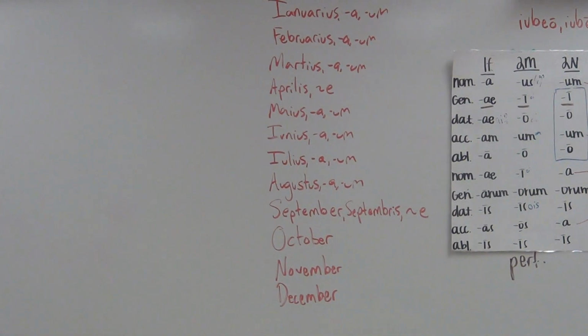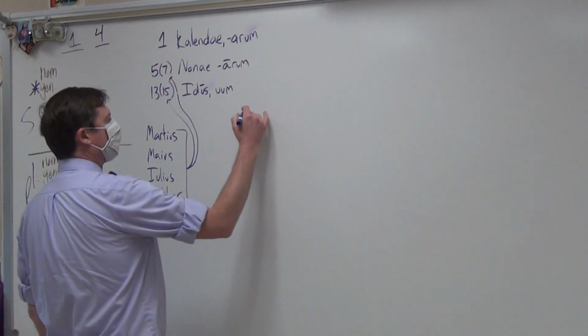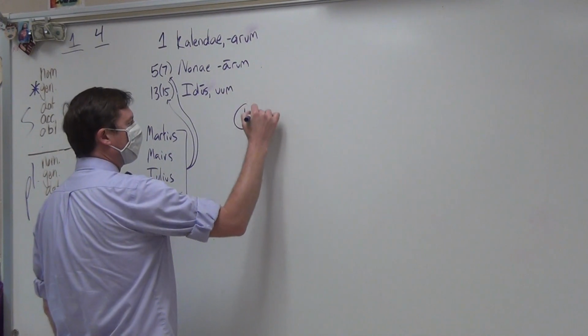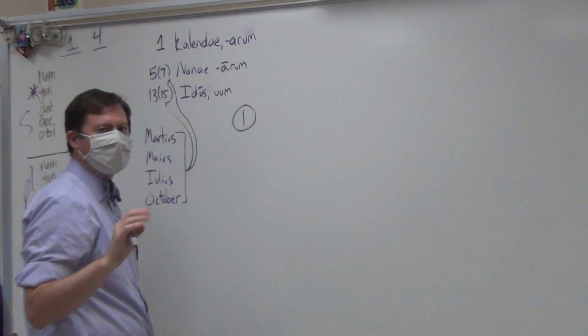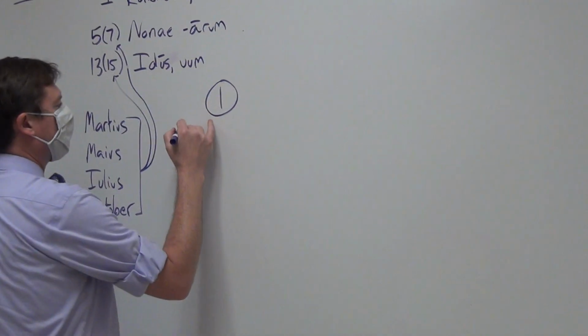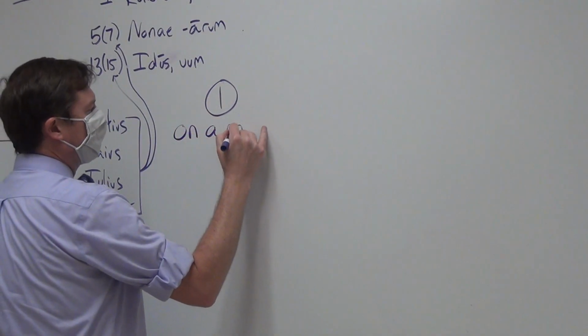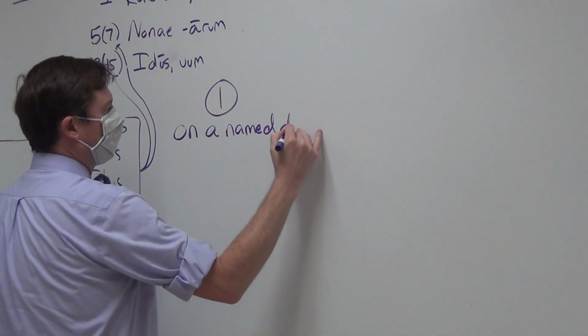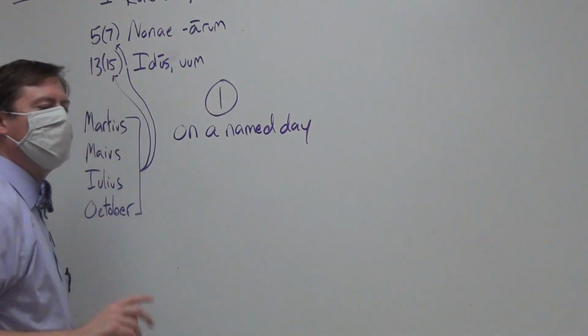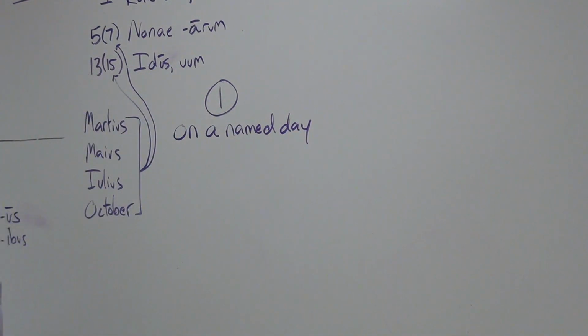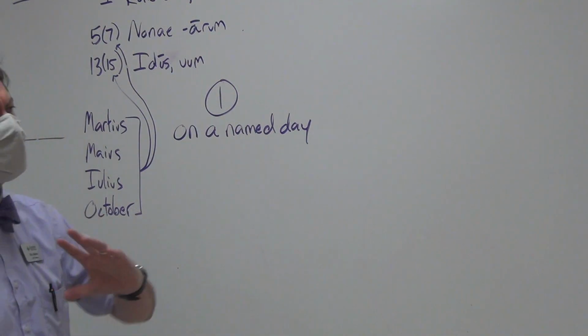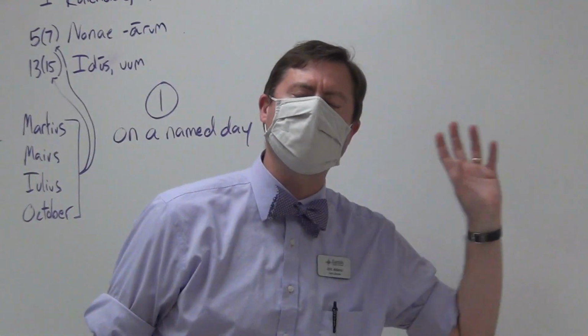Now, let's talk about the ways in which they can express the day. Way number 1. If the day in question falls on a named day, then what you will do in Latin is you take the day in question and the month that modifies it, and you put it in the ablative.